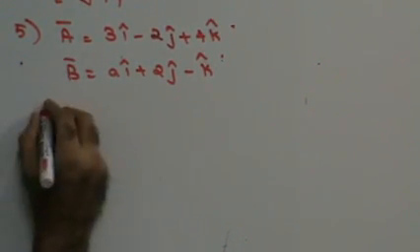Now if you remember the properties of dot product, one of the properties of dot product of vectors was, if two vectors are perpendicular to each other, their dot product is 0. So if you know your theory, you should be able to do this.